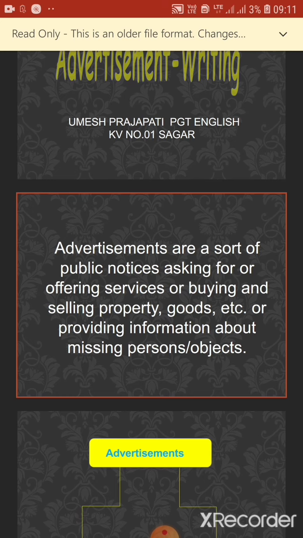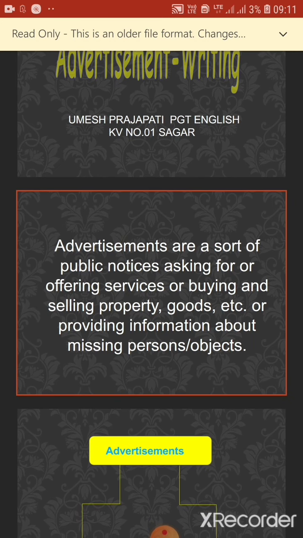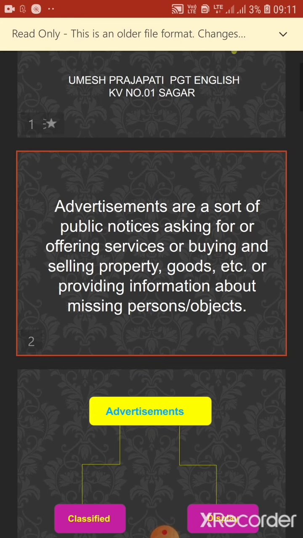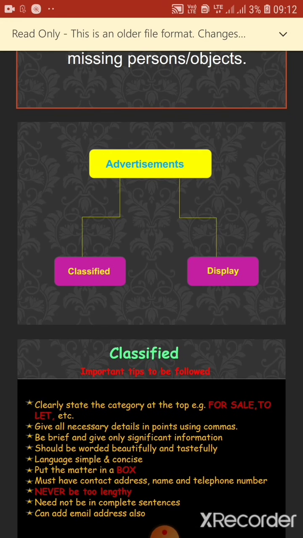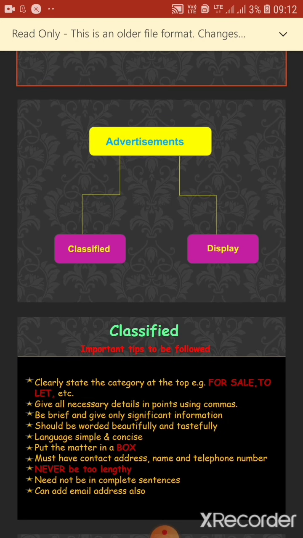It is open for all, as the definition refers, that it is a public announcement or public notice. So it is open for all, offering services or buying and selling property, goods, etc., or providing information about missing persons or objects.